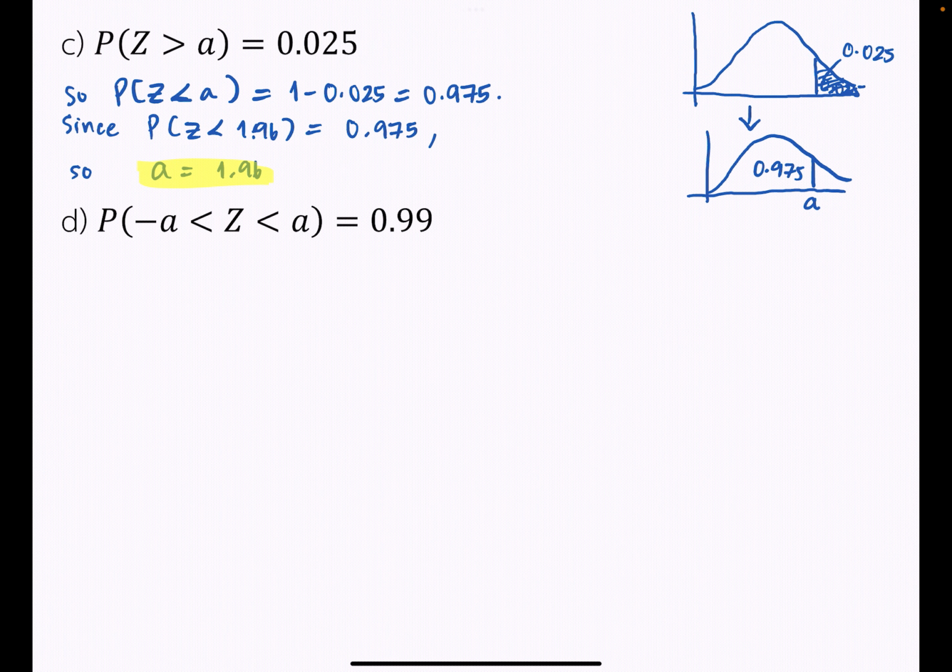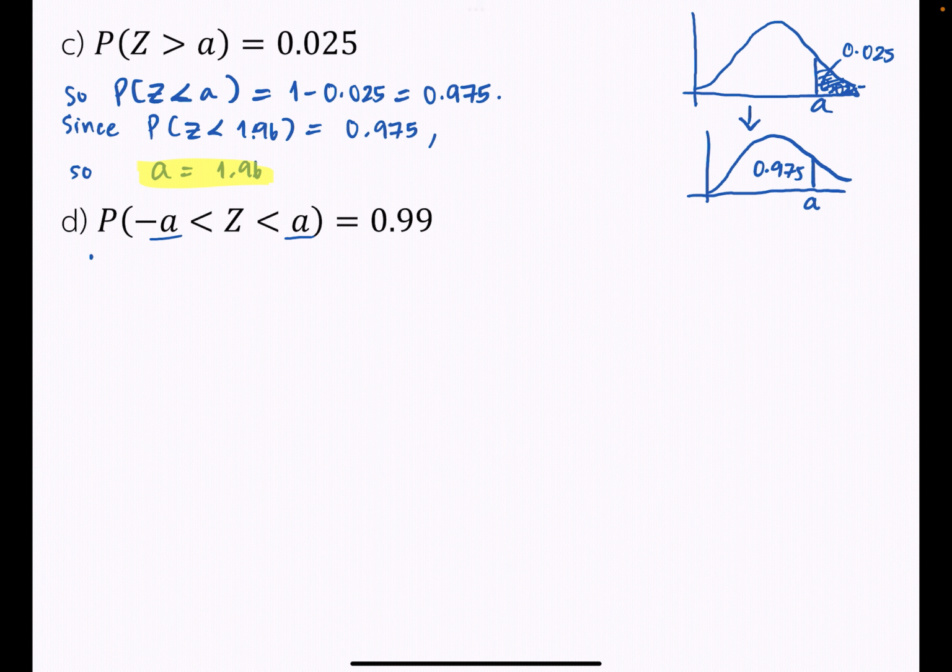so part D is the area in the middle. So we need to think a little bit. It's the area in the middle. Let's take a look. We are looking for A. Remember, A and minus A are symmetric about 0.